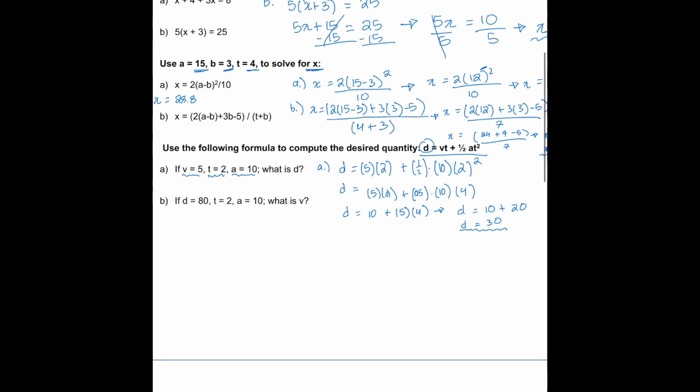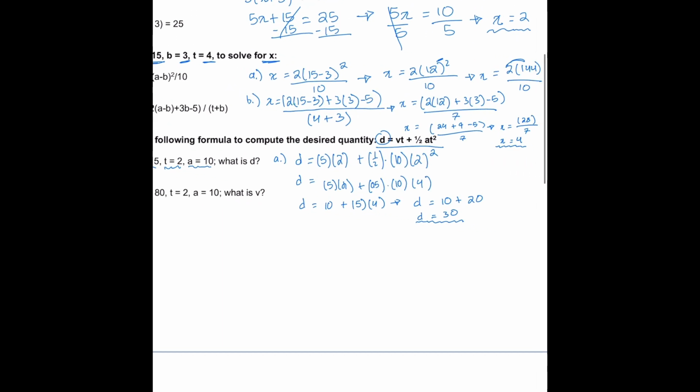So plus 5 times 4, which will give us d equals 10 plus 5 times 4, 20. So now we just add the last ones. d is equal to 10 plus 20, which is 30. So this is the answer for part A. d is equal to 30 in this case here.